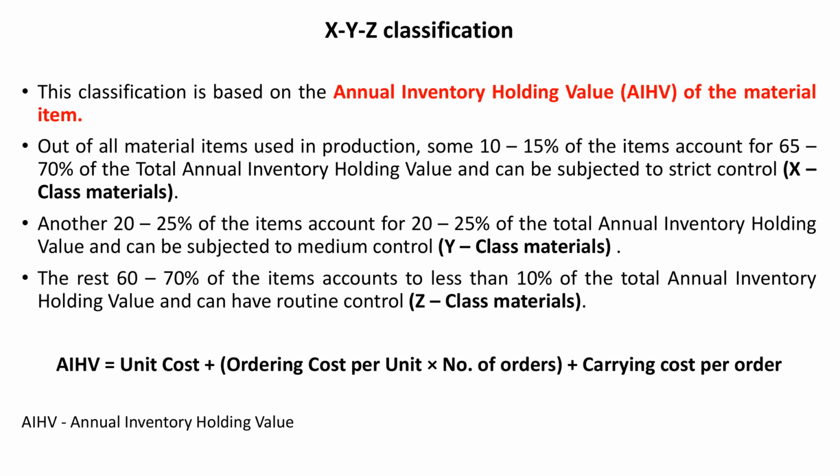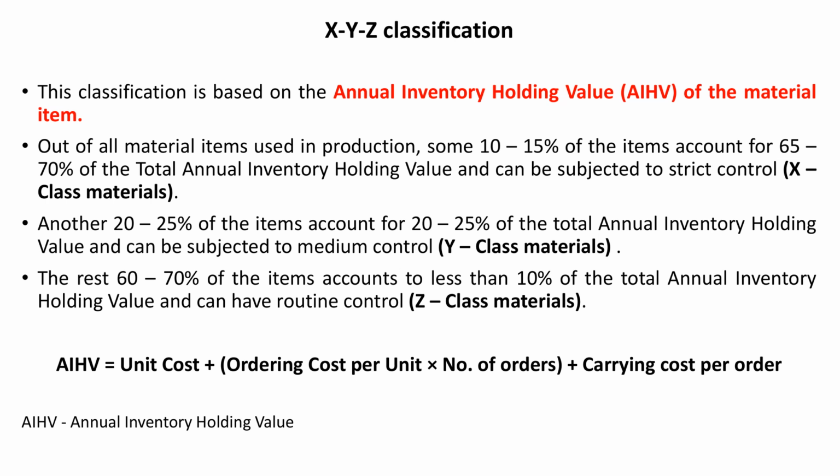Out of all material items used in production, some 10 to 15% of the material items account for 65 to 70% of the total annual inventory holding value and can be subjected to strict control. Thus, such materials can be classified under X class materials.